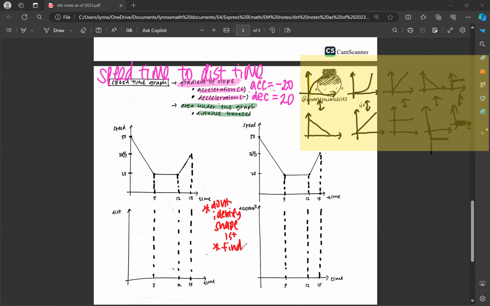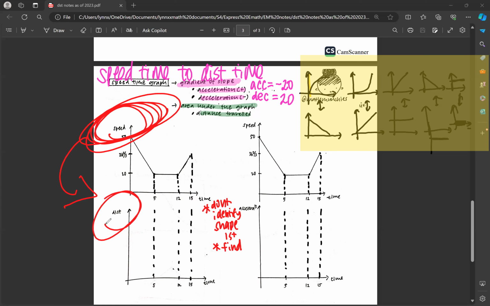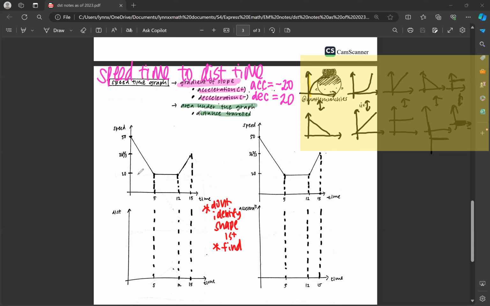Guys, the key thing is don't identify the shape first. Because I'm going from a speed time graph to a distance time graph, I need to find the who first?